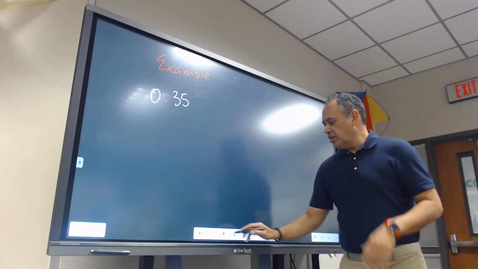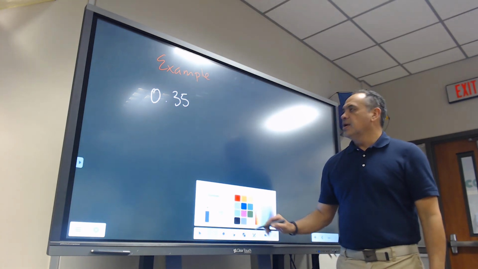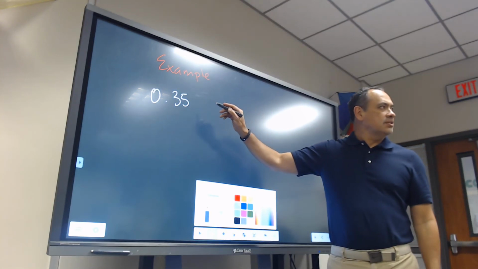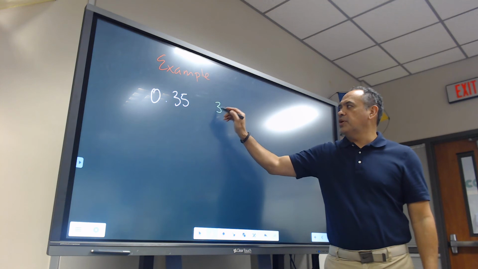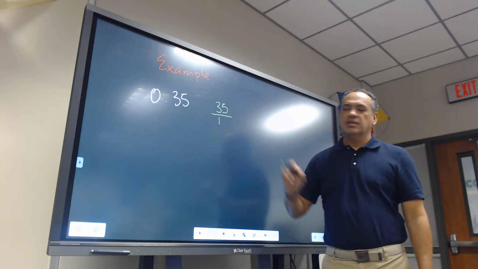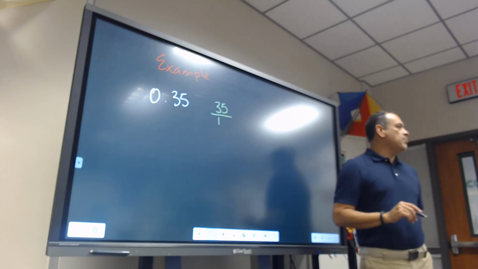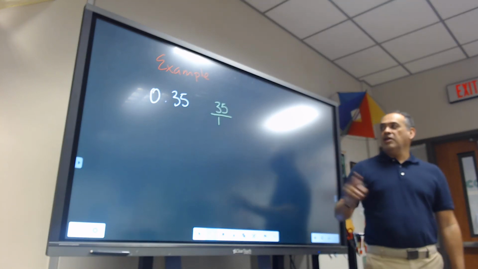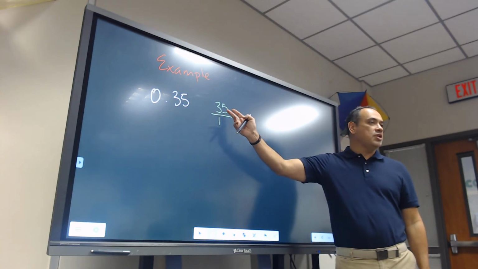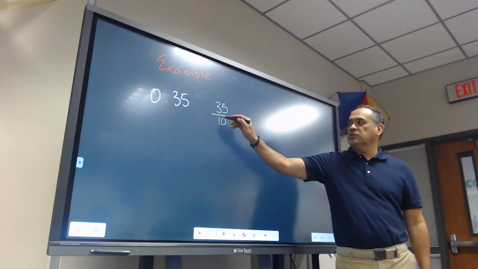The first thing that I'm going to do is write it without the decimal point. Then I'm going to write it as a fraction with a 1 in my denominator. And then look here, I have 2 digits, so I'm going to add 2 zeros.